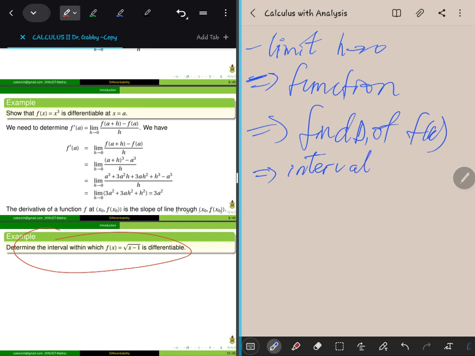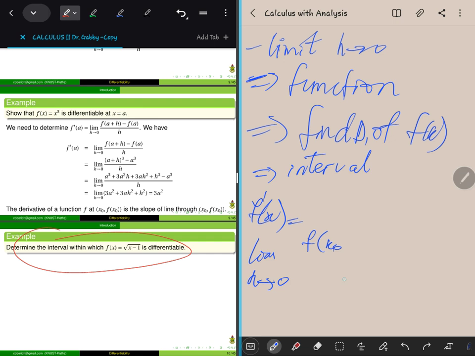So the first thing, let's find the limit now, right? So differentiable, right? And so the limit will be this way, as h approaches 0, and the function will be of this form, f of x naught. I'm just writing this out.